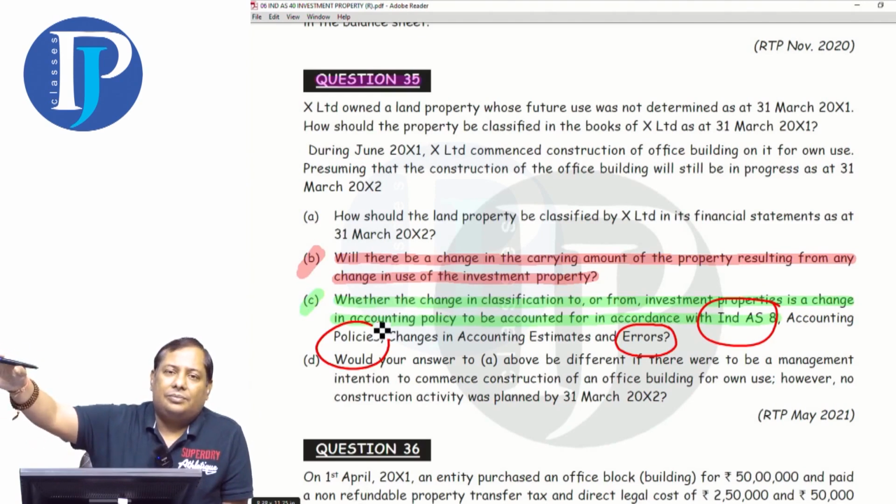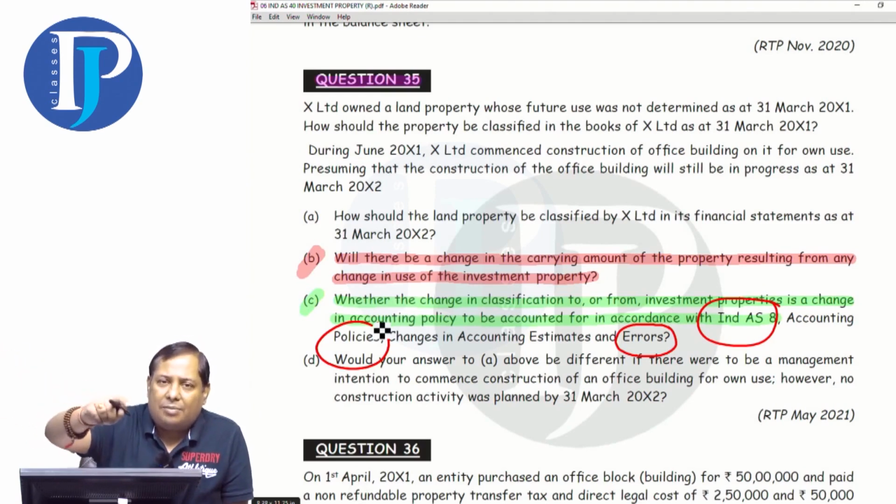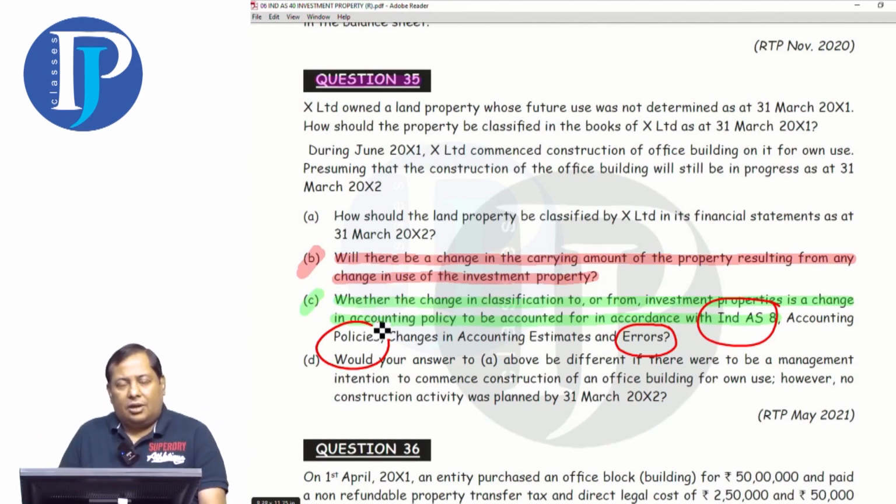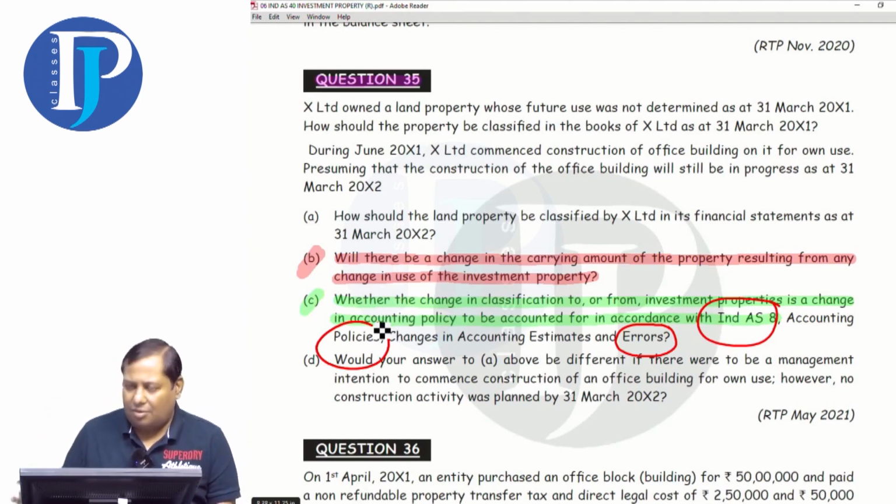See, if you studied AS 5 in intermediate, you'll know when accounting policy changes, we go retrospectively. In errors and in estimate, we go prospectively. In Ind AS 8, anything comes go retrospectively.